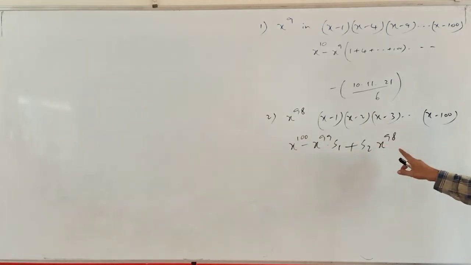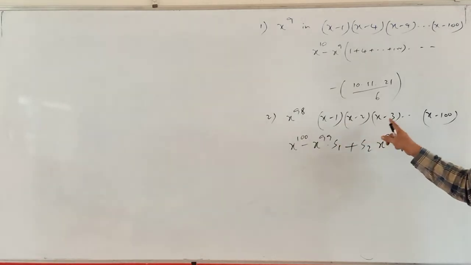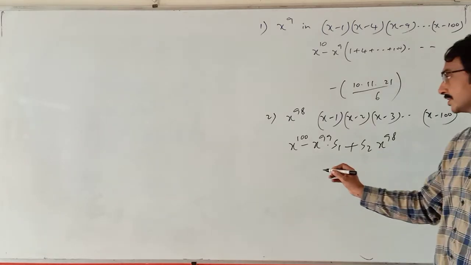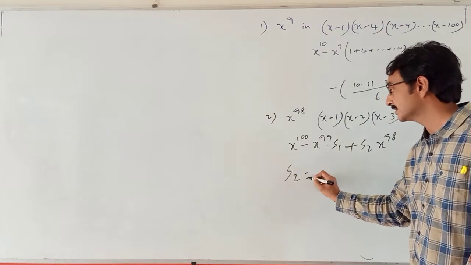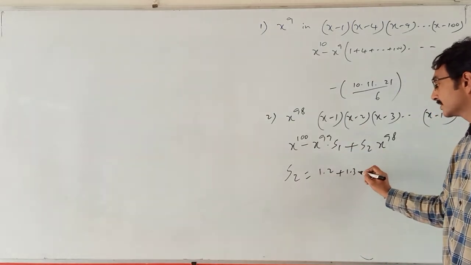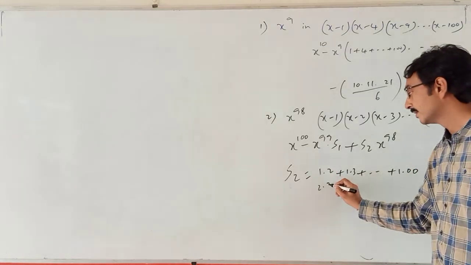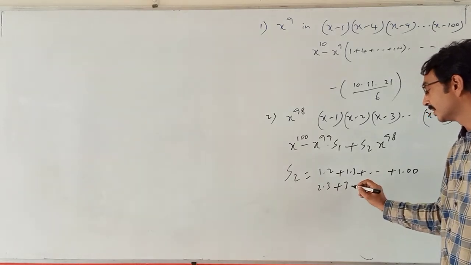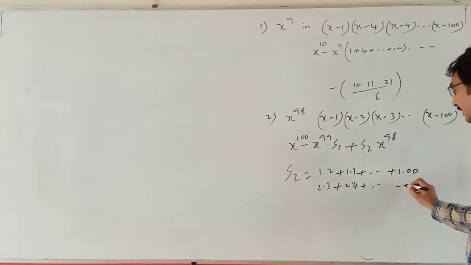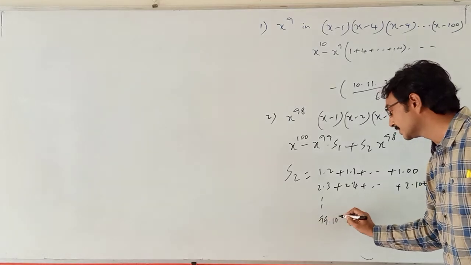Now required is the coefficient of x power 98, meaning s2. So s2 for 1, 2, 3, 4 and so on 100 means the sum of the products of the roots taking 2 at a time. Required is s2. S2 means 1 into 2 plus 1 into 3 and so on 1 into 100, plus 2 into 3 plus 2 into 4 and so on 2 into 100, and so on up to 99 into 100.